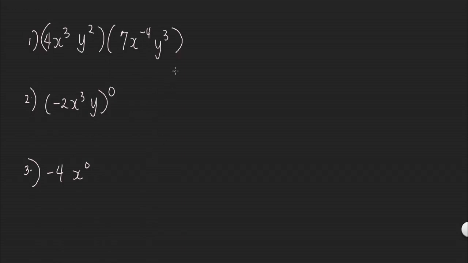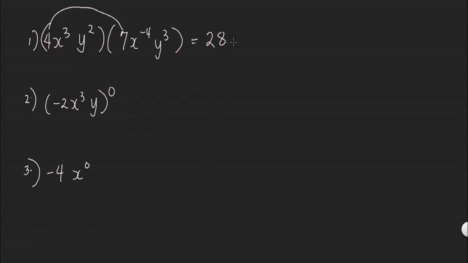answer this following expression. Okay, so for the first example, so kagaya ng ginawa natin kanina, minultiply muna natin dito yung numbers, no? 4 times 7, that is 28. Okay, so yung x naman, hanapin natin yung kamukha niya, yung x din sa kabila, x raised to 3 times x raised to negative 4.